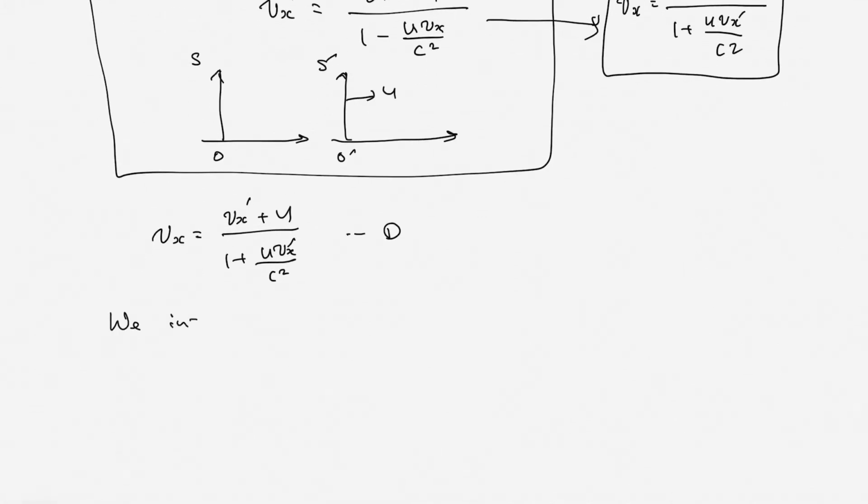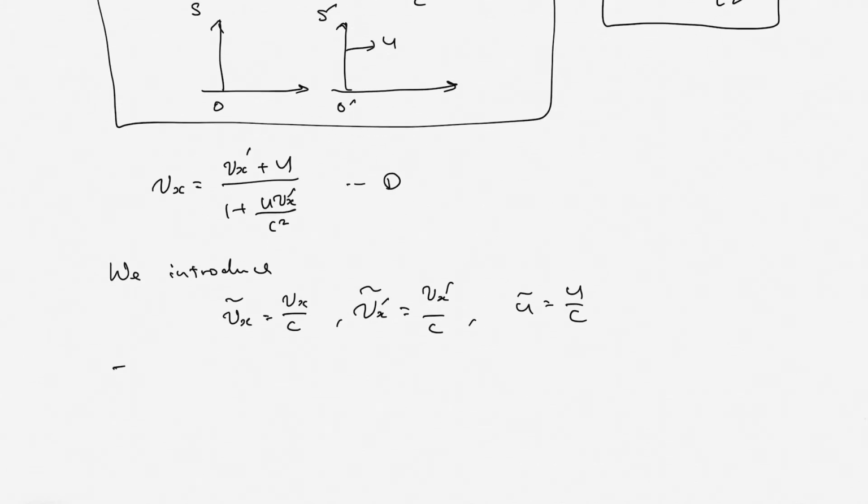We introduce new variables: v sub x tilde is v sub x over c, v sub x prime tilde is v sub x prime over c, and u tilde is u over c, so all the velocities are normalized by the speed of light.